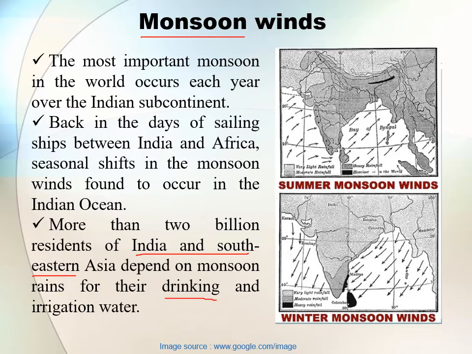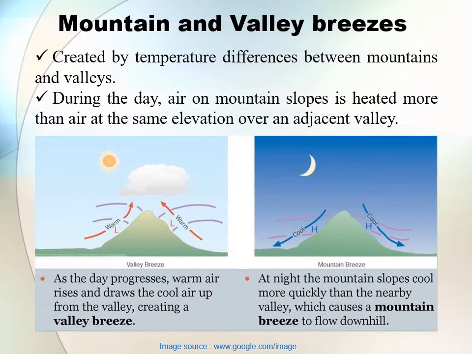The next type of local winds is known as mountain and valley breezes. Wind movement occurs due to differential heating in the mountain walls and in the valleys. During daytime, the mountain walls get the maximum amount of sunlight, and they become readily warm compared to the low-lying valley areas.